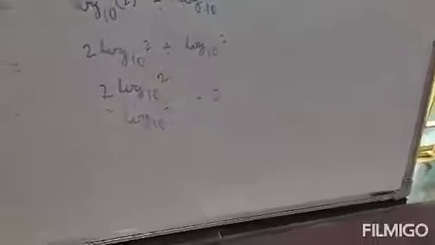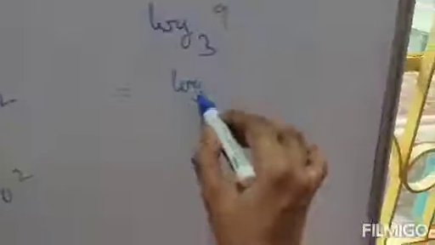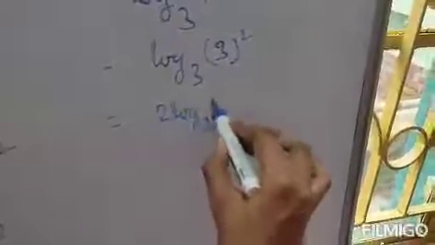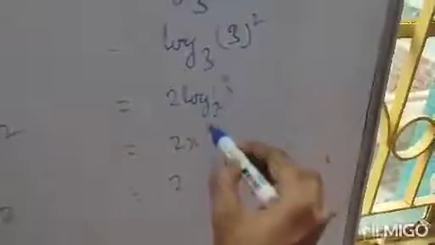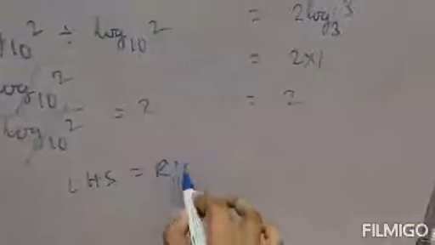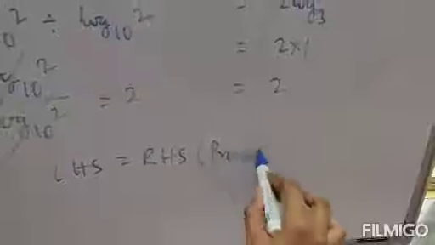Next, the right hand side can be expanded as log base 3 of 3 squared. Now apply the power formula: 2 into log base 3 of 3, and if both of these numbers are the same, your answer will be 1. So 2 into 1, that means 2. That means LHS equals RHS, proved. Clear? Question 4.1 solved. So in this way we solve these questions. LHS equals RHS. Next question.